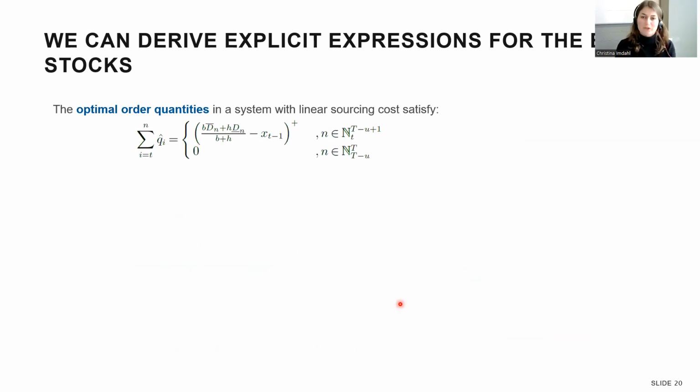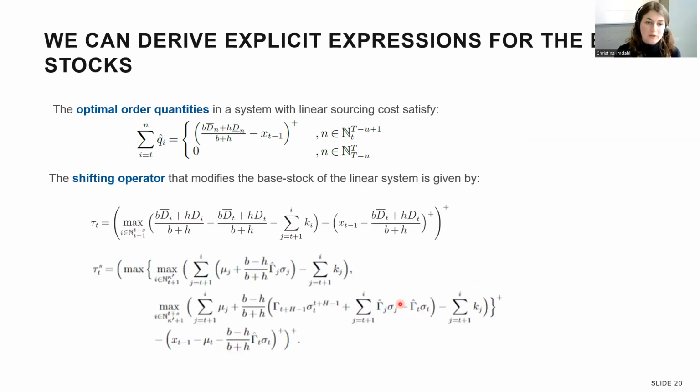I said we want to derive closed form expressions for the policy. So let me also show you that we did that. We have closed form expressions for the optimal order quantities in a system with linear sourcing costs. And then using those and the expressions that we can derive for the shifting need, we can derive closed form expressions for the shifting operator.